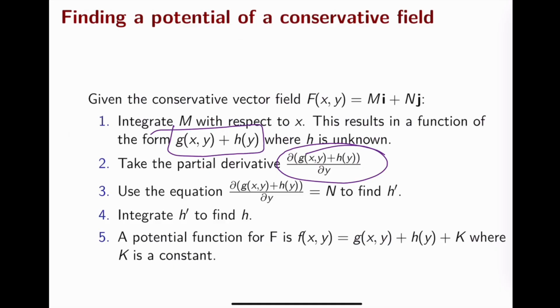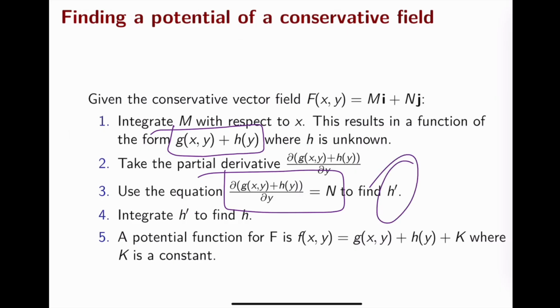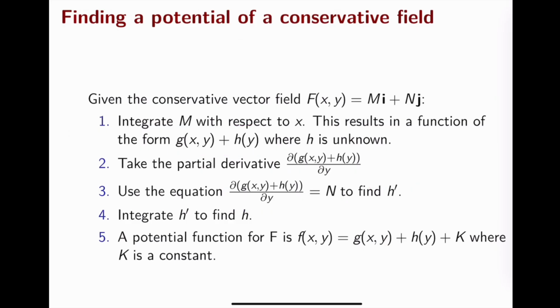So that is the equation that we set up. The derivative with respect to y has to be equal to the second component. By setting this equation, we can find out what h prime is. Once we know h prime, we integrate h prime to find h, the primitive of h prime. And once we have h, it is going to be the potential function.